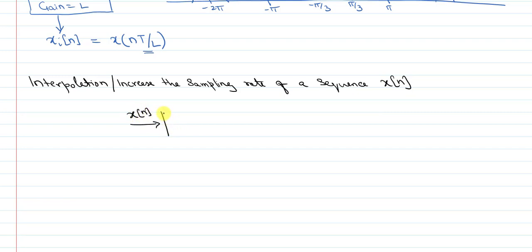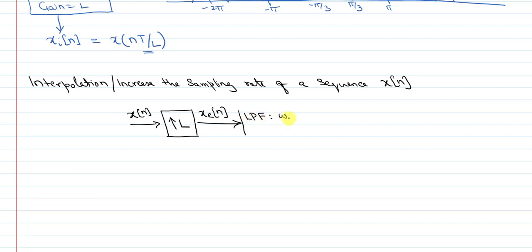You take the sequence, you upsample it by a factor of L, or expand it by a factor of L, to get the expanded sequence x_e[n]. But that sequence is going to have a bunch of zeros. That sequence is going to basically have a sample, L minus 1 zeros, another sample. You need to fill in those zeros.